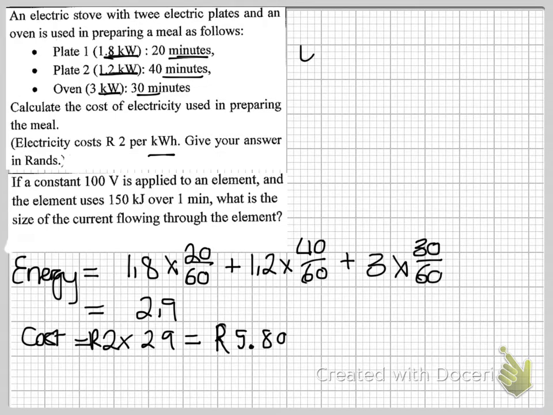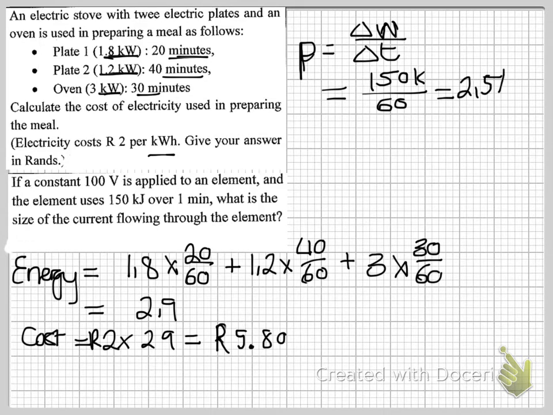So for this one, we are going to use the fact that the power is equal to the change in work over the change in time, right? And you are told that 150 kilojoules is being transferred over 1 minute, which is 60 seconds, right? So this gives you a power of 2.5 kilowatts.